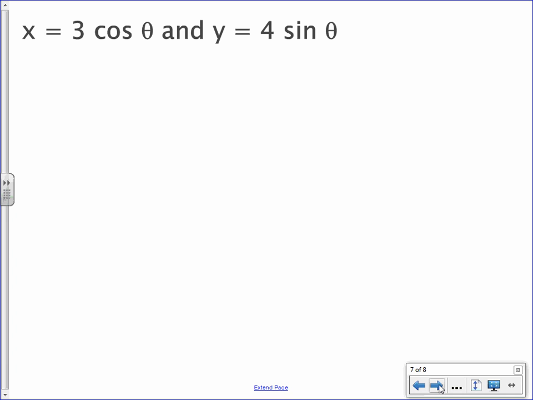Okay? We know a couple things about sine and cosine. We have these things called trig identities, right? There is one trig identity that has both cosine and sine. What is that one trig identity?